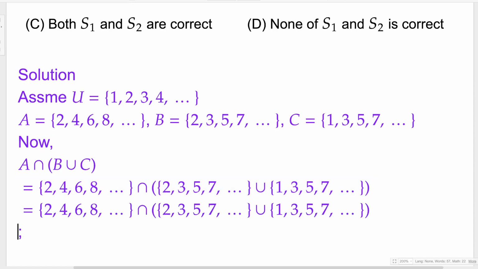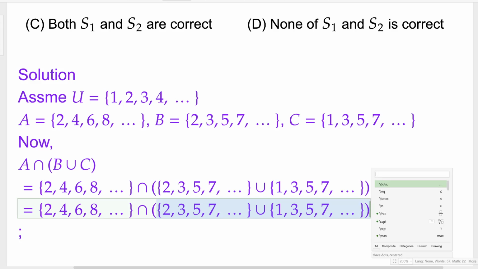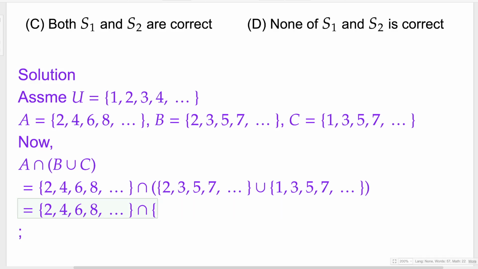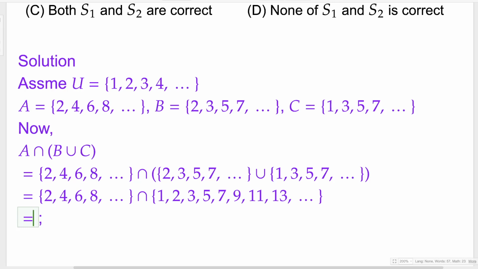When we perform the internal union operation, this gives out 1, 2, 3, 5, 7, 9, 11, 13, and so on. Now, if you observe, we have taken the number sets in such a way that it's very clear, from the property of primes, that there exists only one even number which is prime.